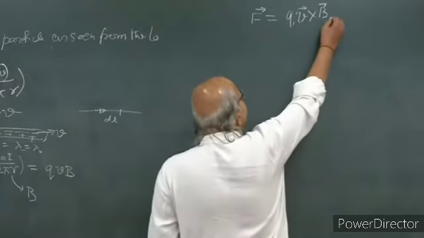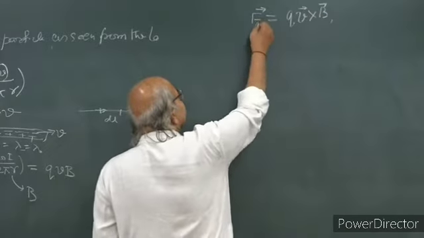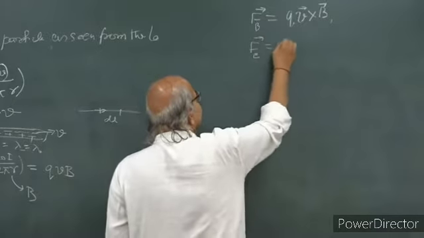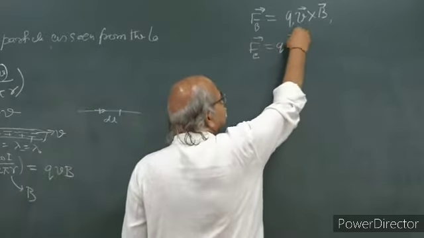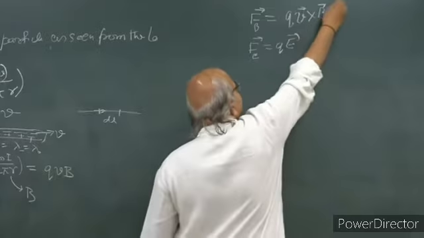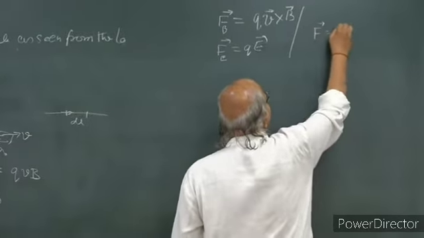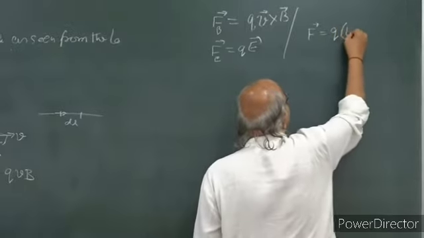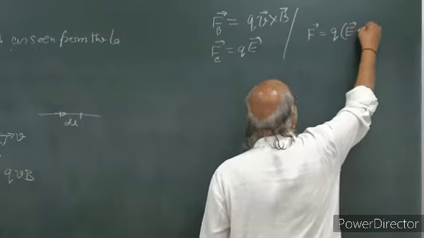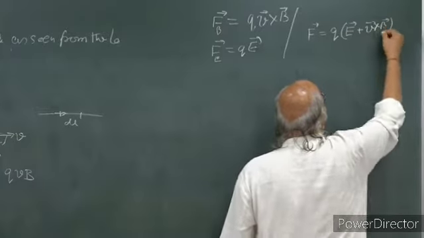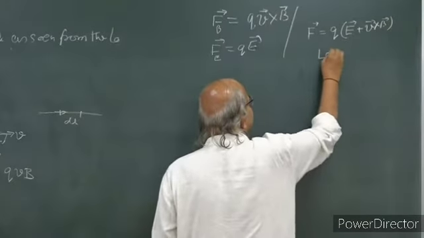The force due to electric field is q times E, and if both the fields are present, electric field as well as magnetic field, then the force is q times E plus v cross B, and there is a name for it, it is called Lorentz force.